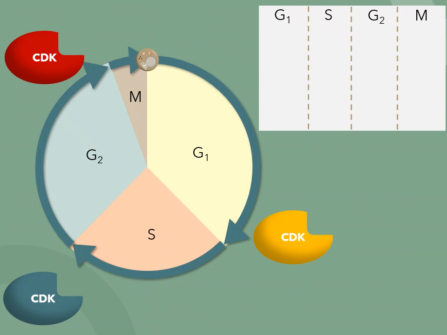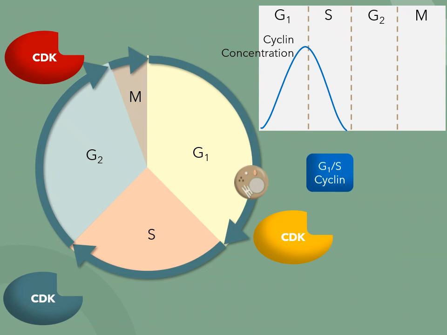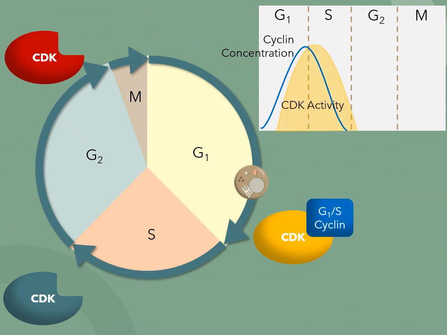As the cell moves through G1, the concentration of G1S cyclins will increase, as shown by the blue line on the chart here. The G1S cyclins bind to a type of protein called a cyclin-dependent kinase, or CDK, to stimulate its activity in phosphorylating its targets, as shown by the yellow curve on the chart. And this will help to push the cell from G1 into S phase by stimulating DNA replication.